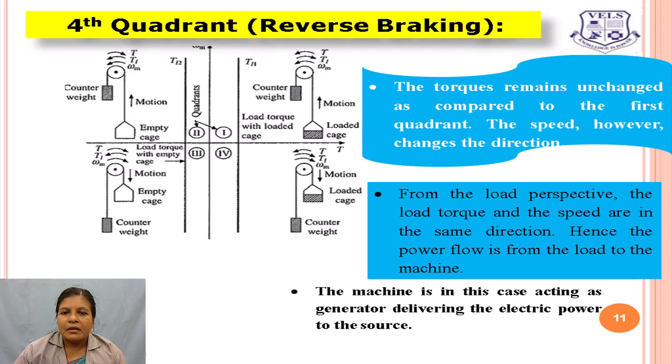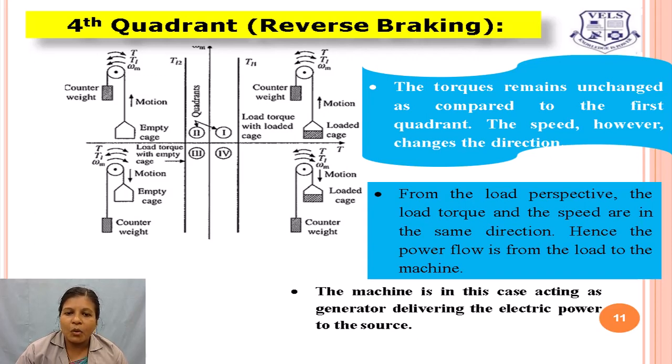And the fourth quadrant is reverse braking. Here in the reverse braking, the loaded gauge has to be pulled downward. We know the hint that the counterweight is always lesser than the loaded gauge. So the loaded gauge has to be pushed downwards. Since the weight of the loaded gauge is greater than the counterweight, due to gravity the loaded gauge may go and hit the floor accidentally.